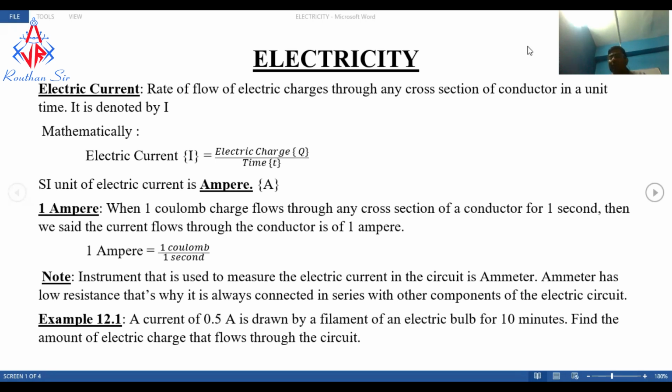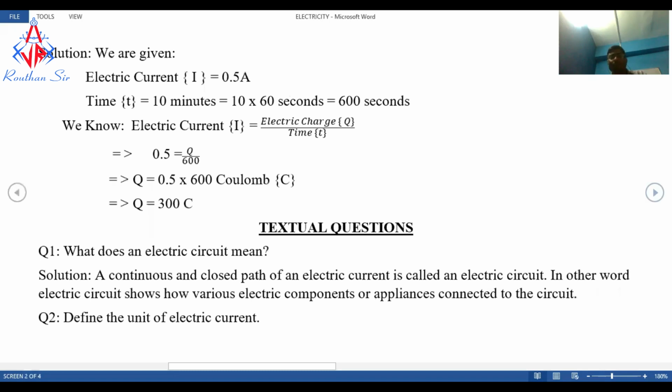In such a question, what is given? First of all, the electric current is given, 0.5 ampere, and the time is given as 10 minutes. First of all, convert the time into seconds, because the SI unit of time is second. 10 multiplied by 60, we get 600 seconds.